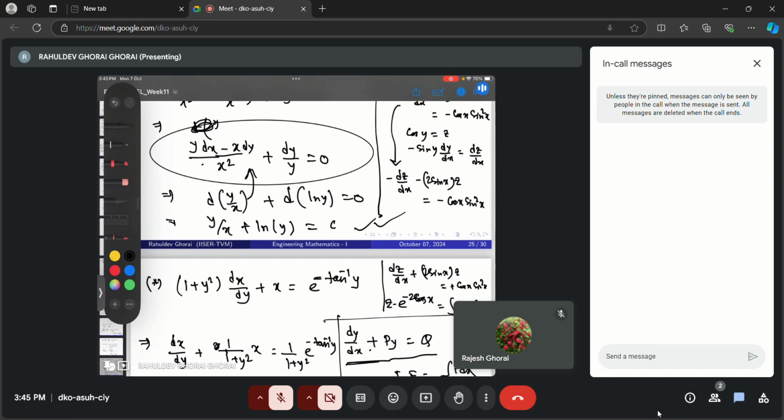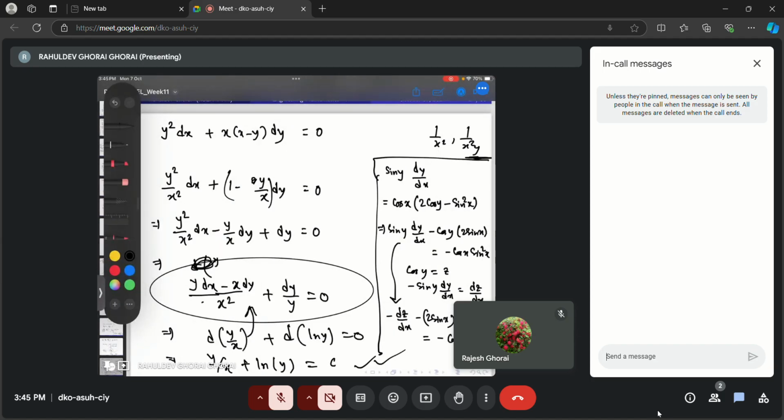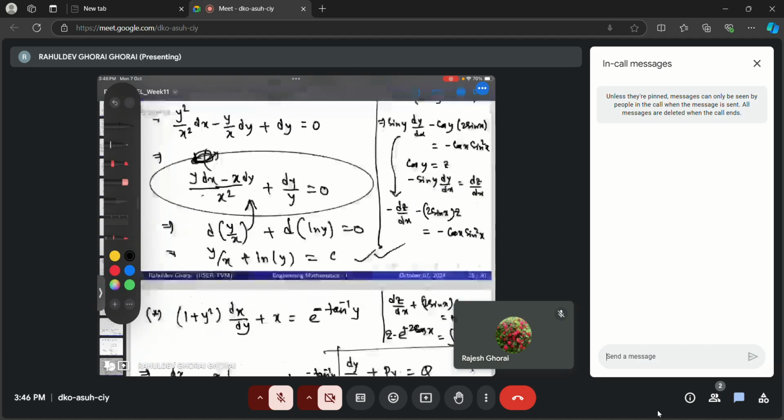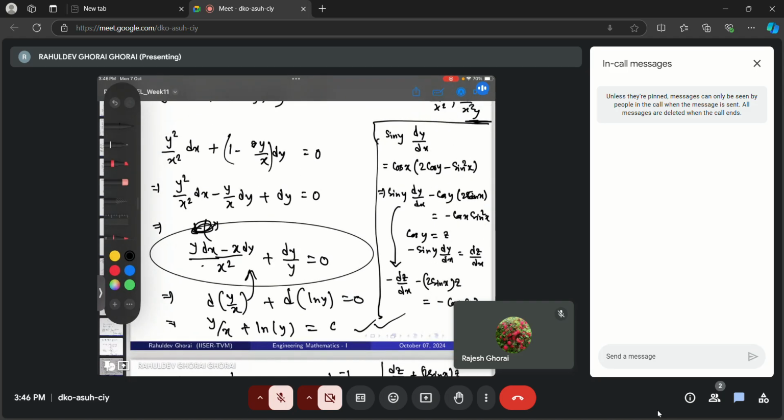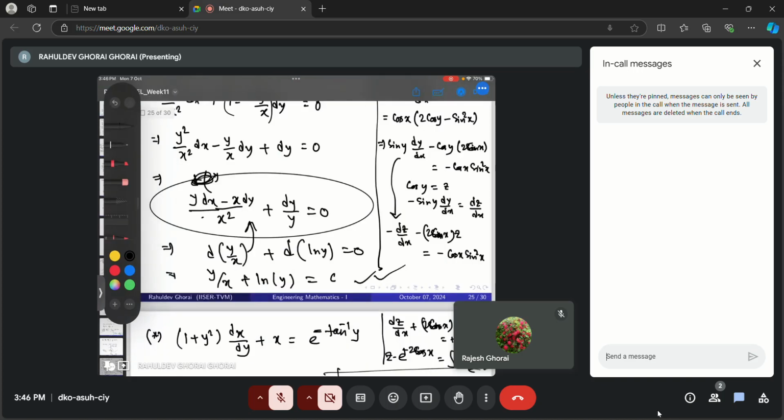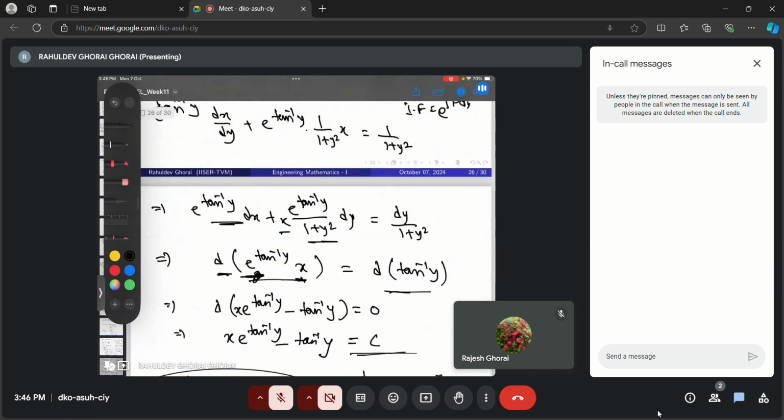You have to integrate it to get z, and then put the value of z back. Sorry, it is e to the power plus 2 sin x, since the integral of 2 sin x cos x... yes, the exponent comes out as 2 sin x.